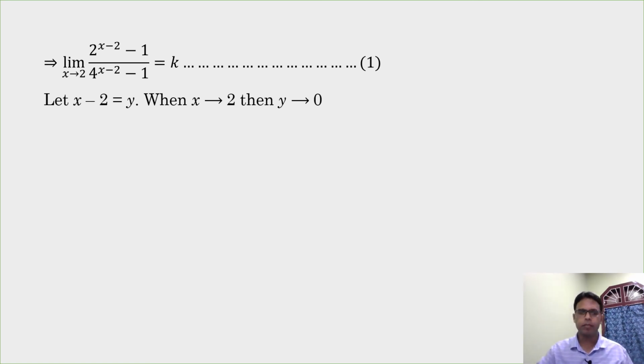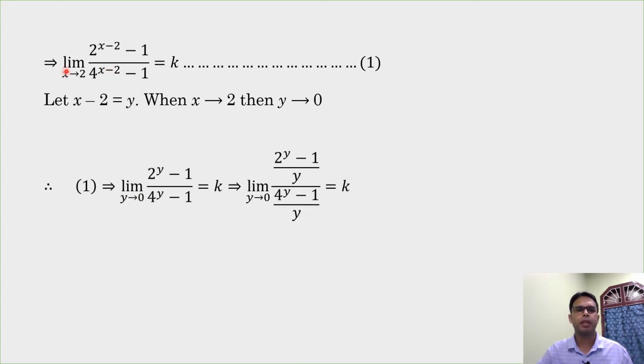This line is equation number 1, carried over from the previous screen. Taking x minus 2 as y, whenever x is tending to 2, obviously y will tend to 0. So you make this limit y tends to 0.